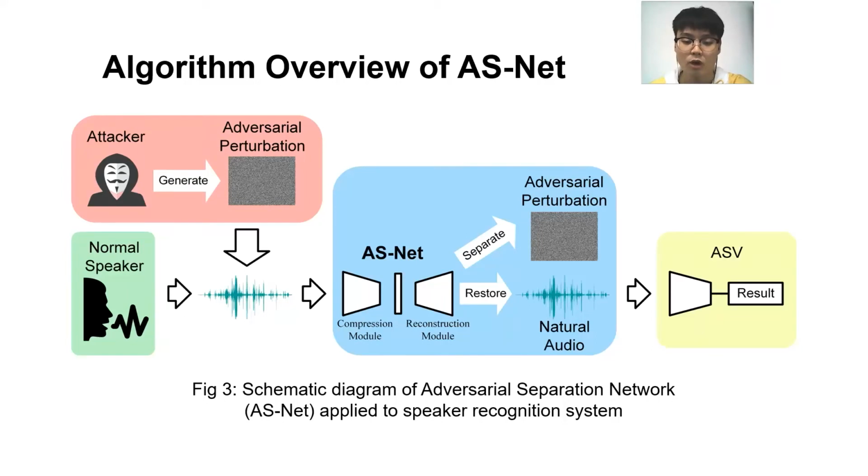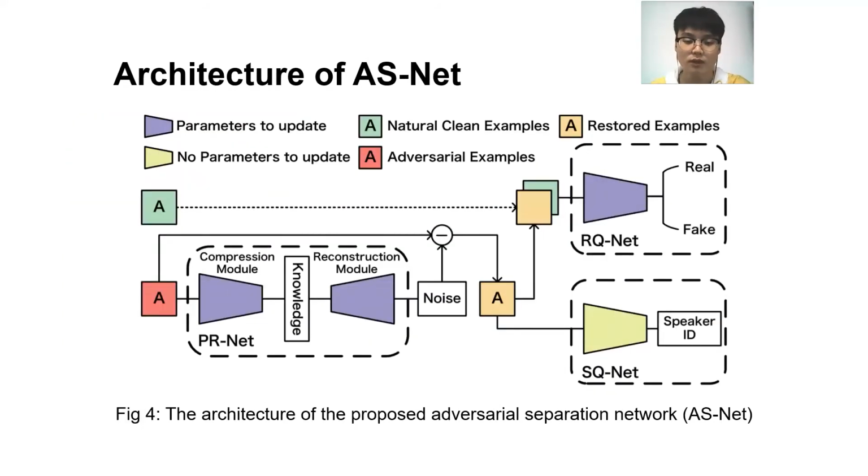Based on the above idea, we propose a separation mechanism. Moreover, to further optimize the ASNet, we design the compression structure and the speaker quality loss. Finally, we proposed the adversarial separation network that can reconstruct perturbations from adversarial examples and filter them off.